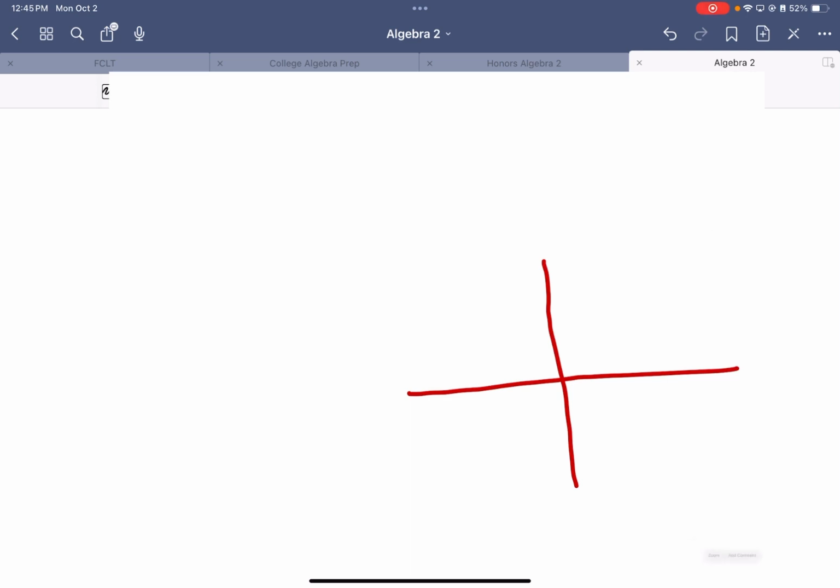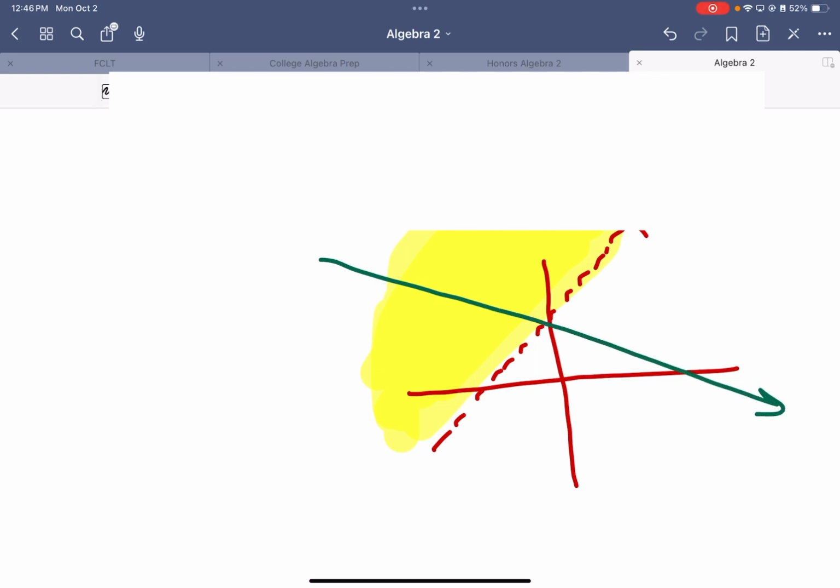So we may have one line that looks like this, where all of the possible solutions are everything above this line. If I were to pick a point in this inequality, it would be a solution. We then have a second line that's in there somewhere, let's say right here.